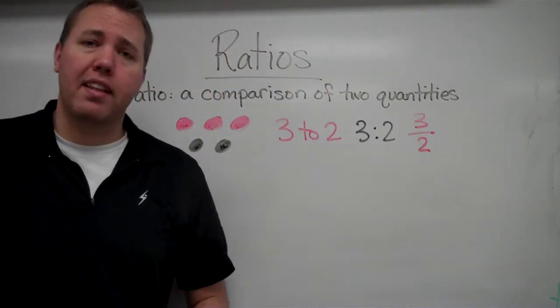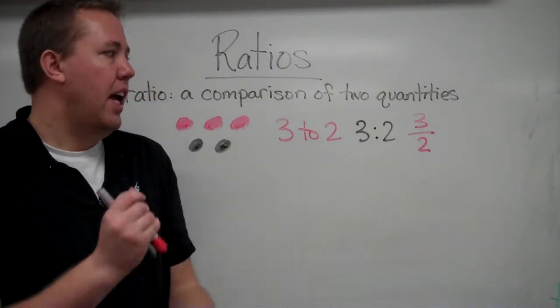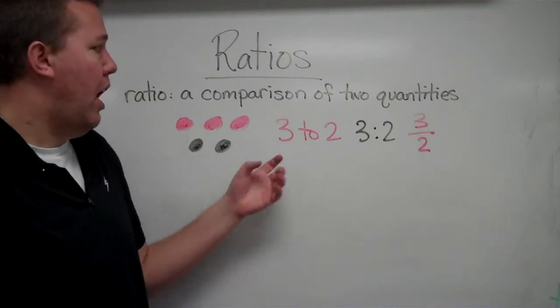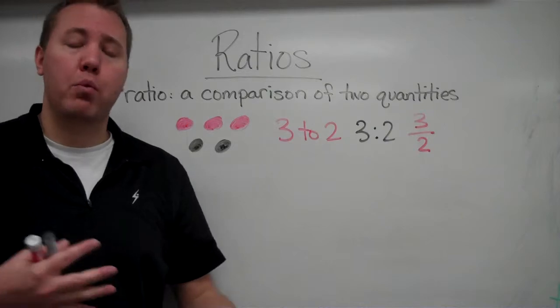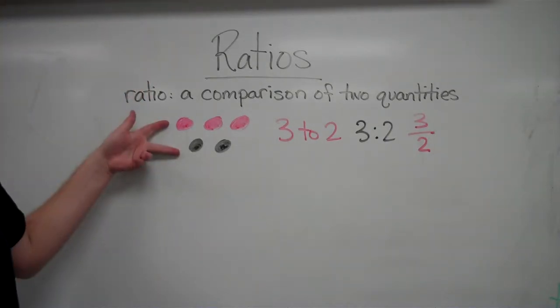We will be using this as a fraction a lot as we go into ratio reasoning and rates and unit rates and things like that. But first off, these are 3 different ways that you can write ratios.